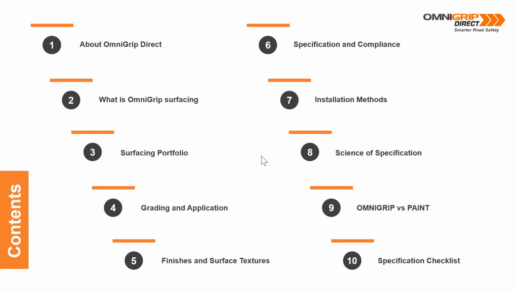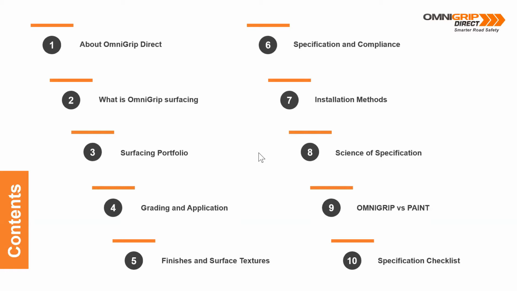And at the end, we will provide you with the specification checklist. What this is, it's basically a little checklist with dot points for you to consider when designing and specifying a product that is a surface treatment or a coloured surface treatment for the road.